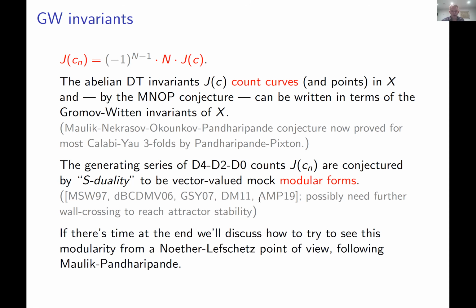I won't have time at the end, but in one of our papers, we discuss how to see this predicted modularity entirely geometrically using something called Noether-Lefschetz theory. But anyway, the point of this slide is just to emphasize that although in the physics literature, I'm not sure this has been considered, certainly in the maths literature, this has not been exploited.